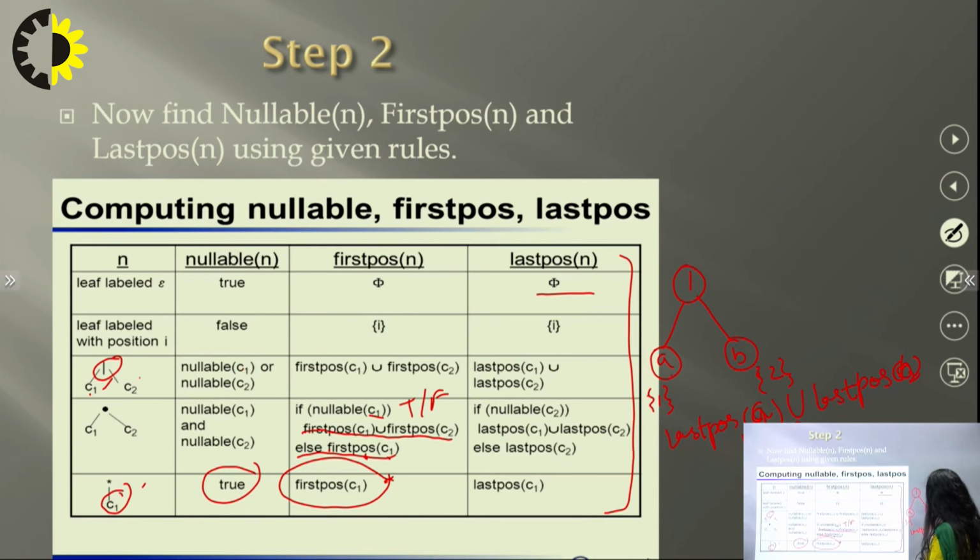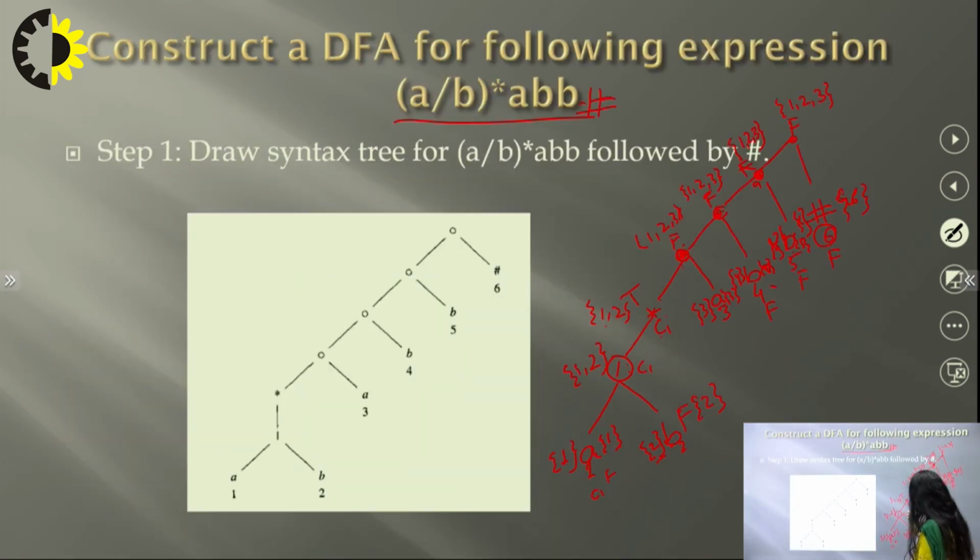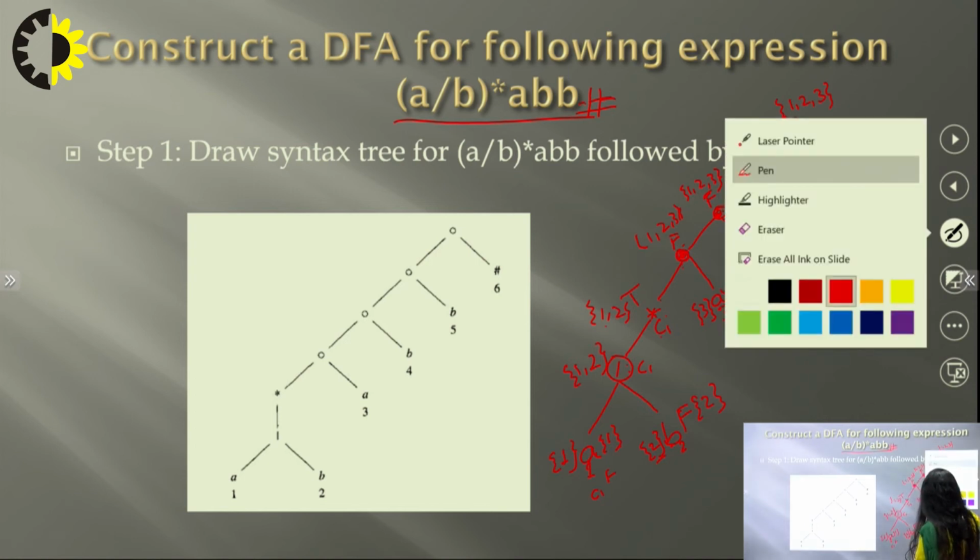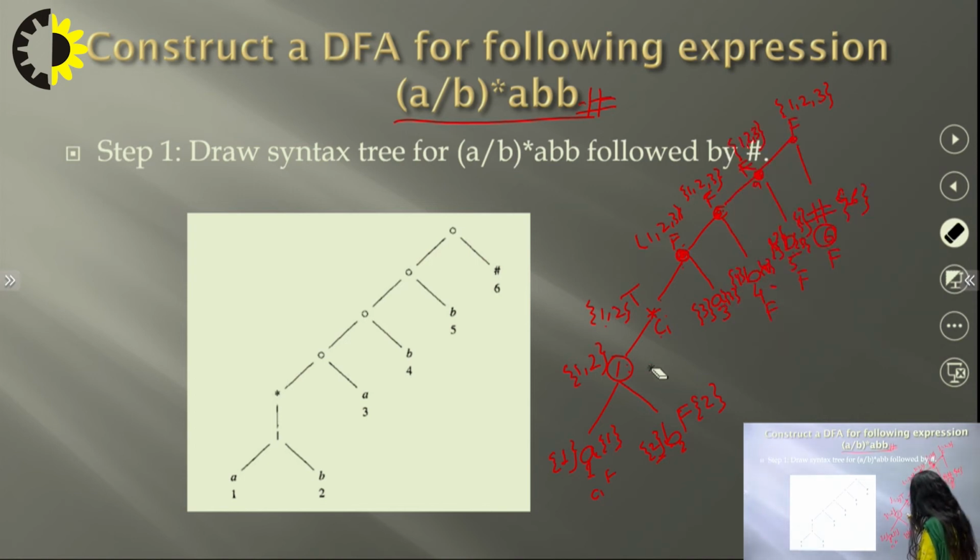So, their union is the last pos for this symbol, which is 1, 2.